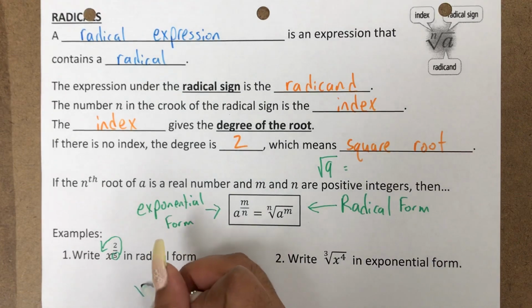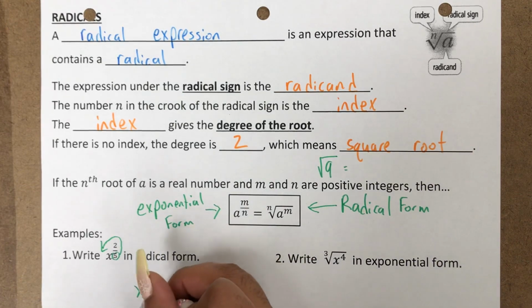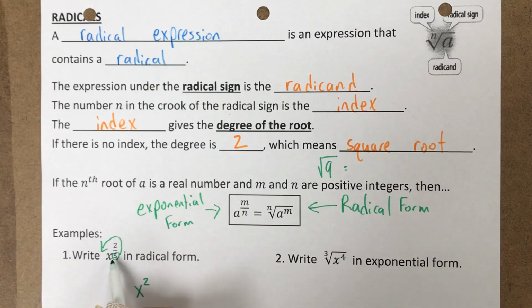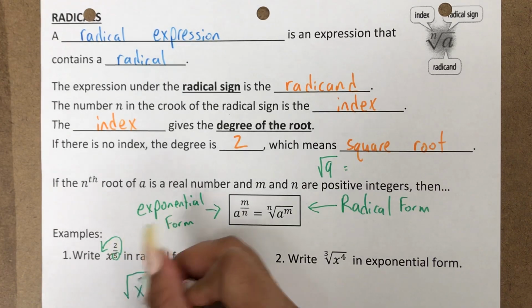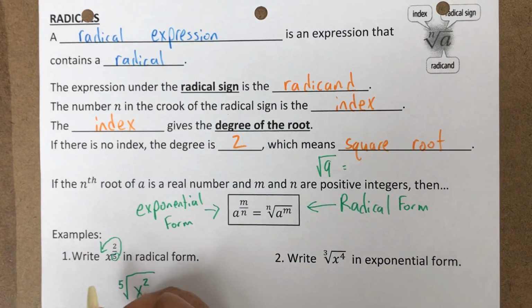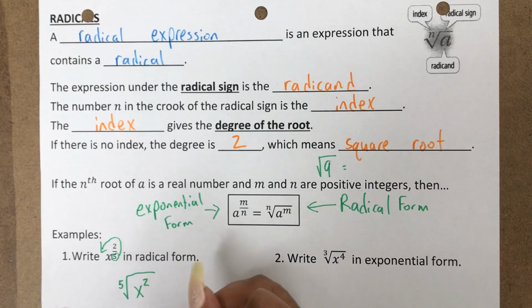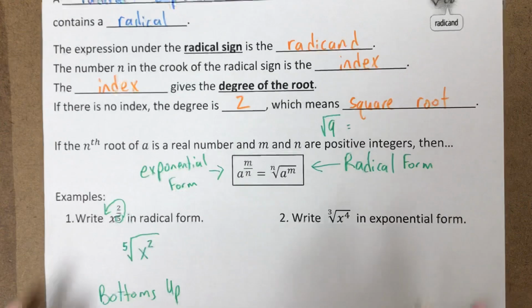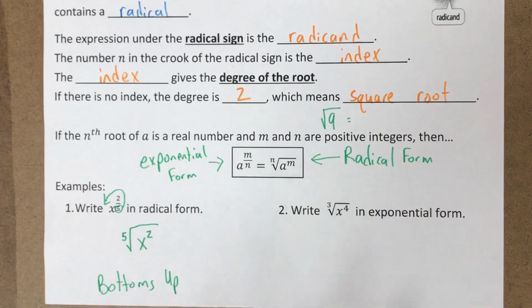So the 2 stays. The denominator moves up and it becomes the index. So that's why I say bottoms up. And that's all we're doing, that's it.